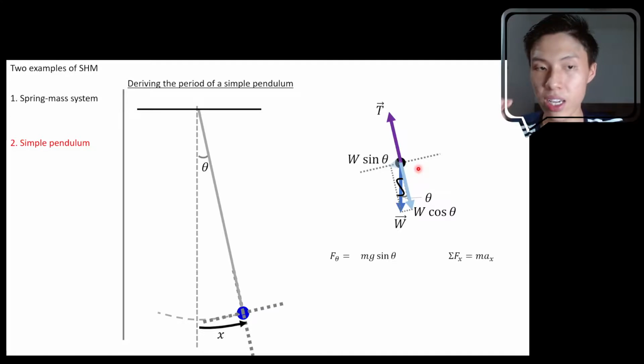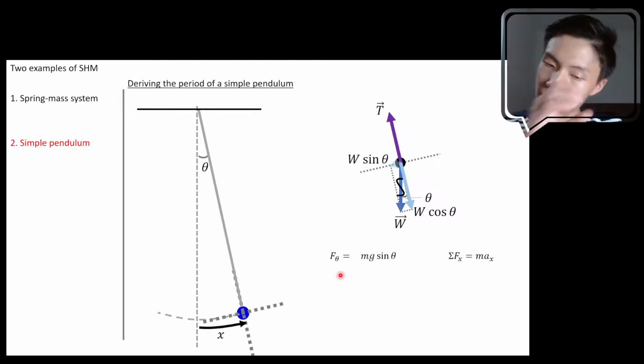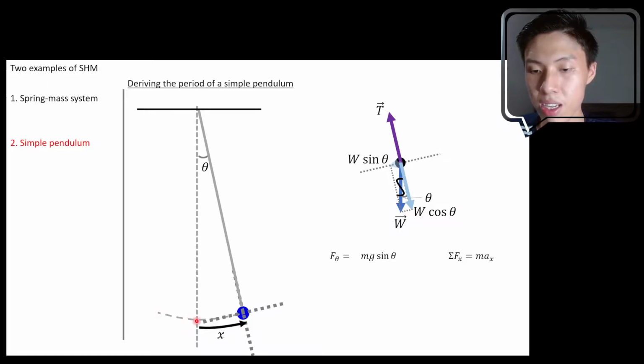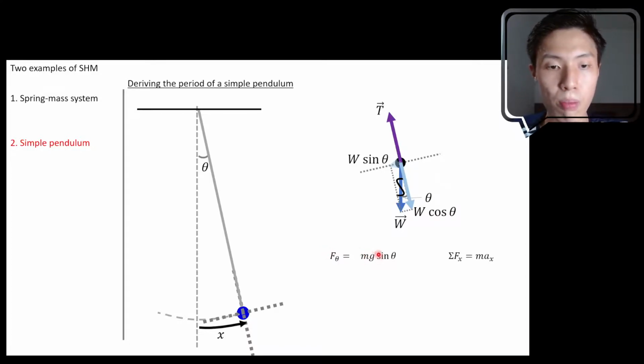The force and the x here must be in opposite sign. If your x is to the left, then your force will be pointing to the right. So if theta is negative, then the force must be positive. How do you get a positive force? If you multiply positive times negative, you get negative. How do you make it positive? You introduce a negative sign in front. Therefore, over here, there's actually a negative sign.